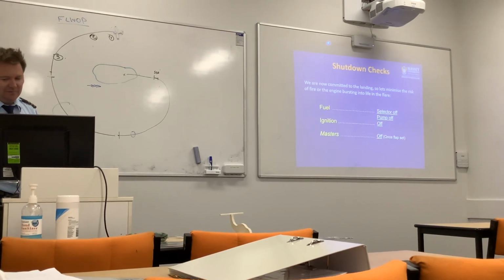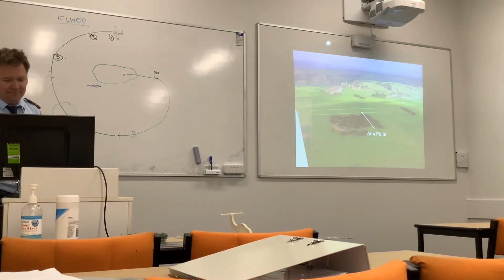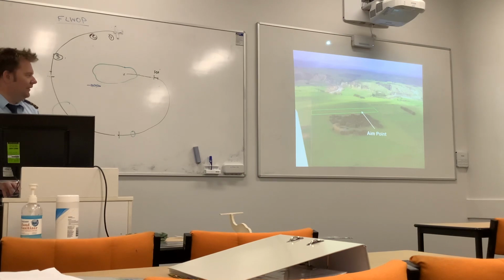Fuel, ignition, masters. Cool. Spacing. Slightly closer than normal circuit spacing. Okay, we are gliding. So as you can look at there, that's probably about halfway down the wingtip compared to 2/3.